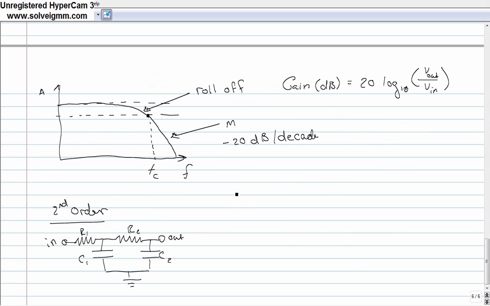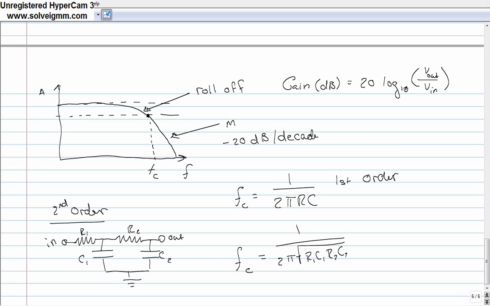For a first order filter, it's FC equals 1 over 2 pi RC. Again, this is first order. For a second order filter, it's more like this. Second order.